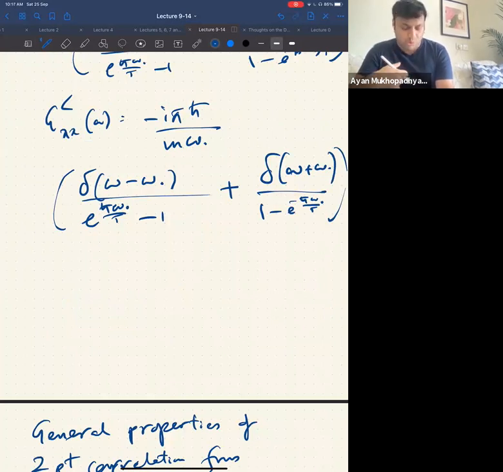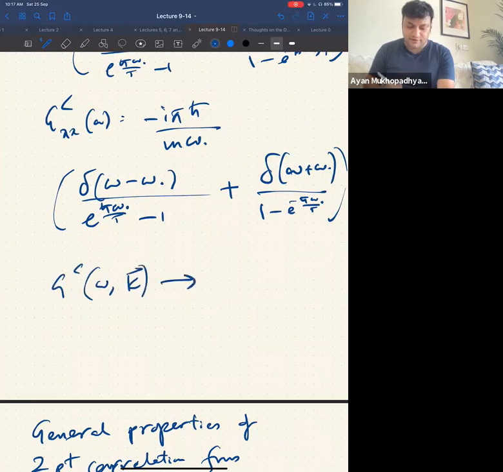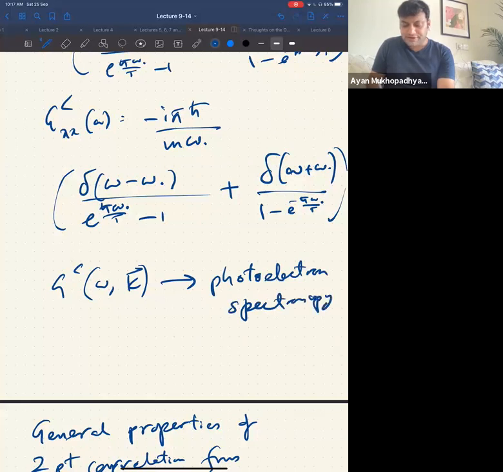What we are going to see is that indeed there is, because G less is something that you can actually measure for fermionic systems, by something called photoelectron spectroscopy. Essentially, the idea is very simple. You just take some sample of a material and bombard it with photons and look at how many electrons come out of the medium with a given energy and momentum.